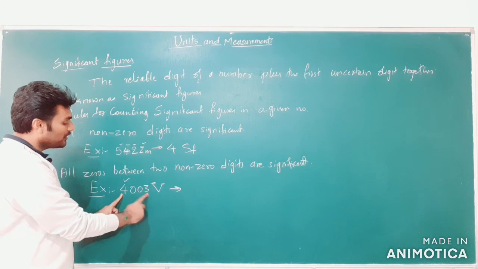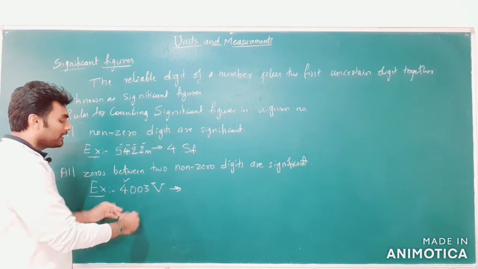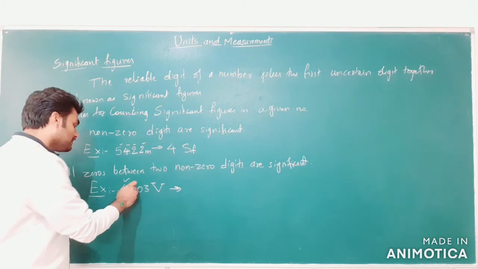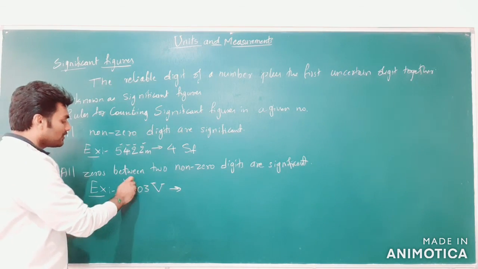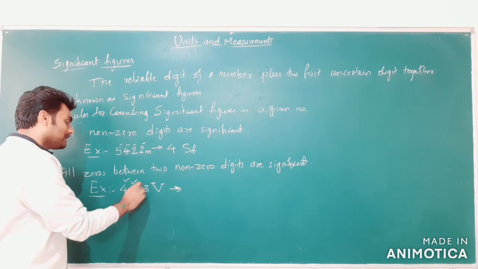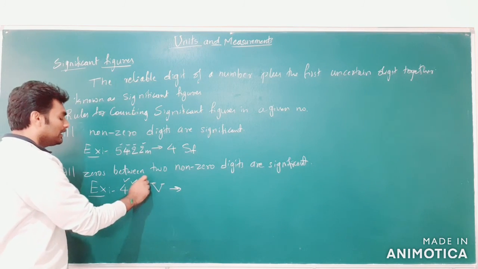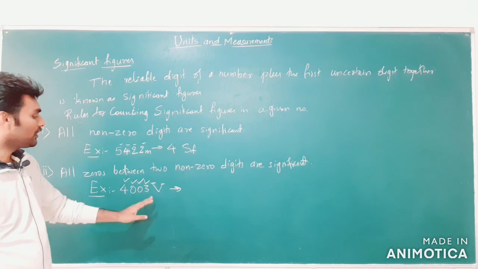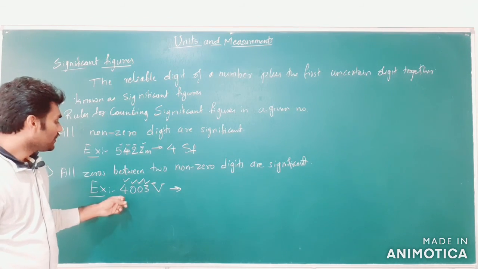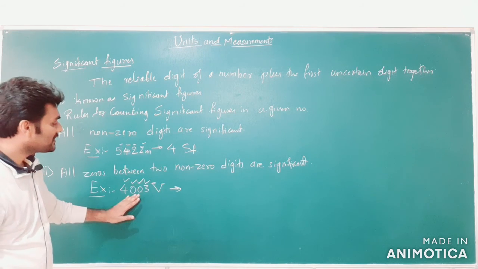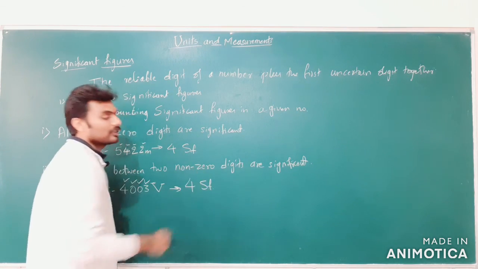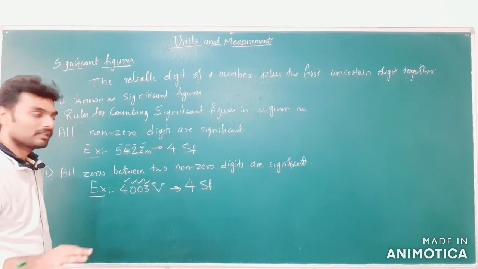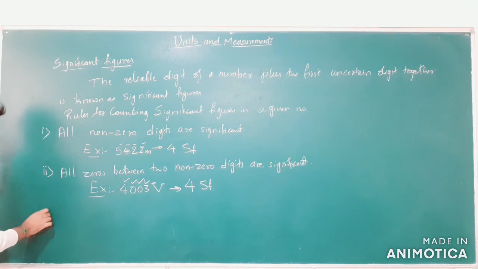This 0 lies between 4 and 3, and 4 and 3 are non-zero digits. So this 0 which lies between two non-zero digits is also significant. 3 is also significant because it's a non-zero digit. So altogether, even this number has 4 significant figures, right? Easy.